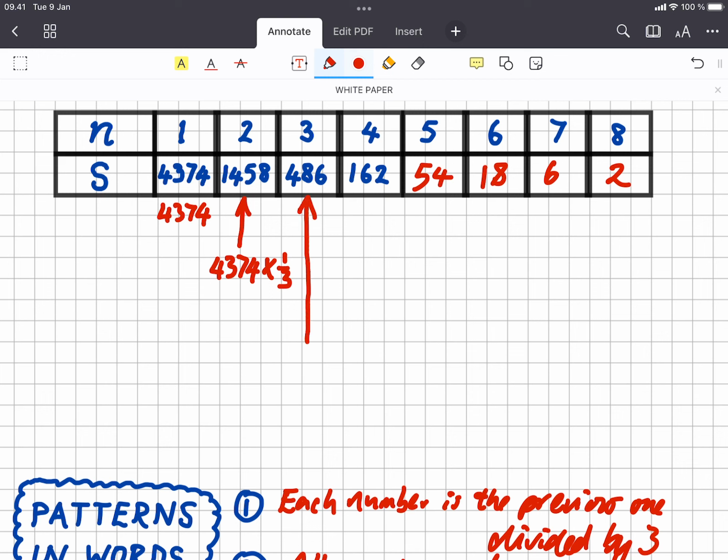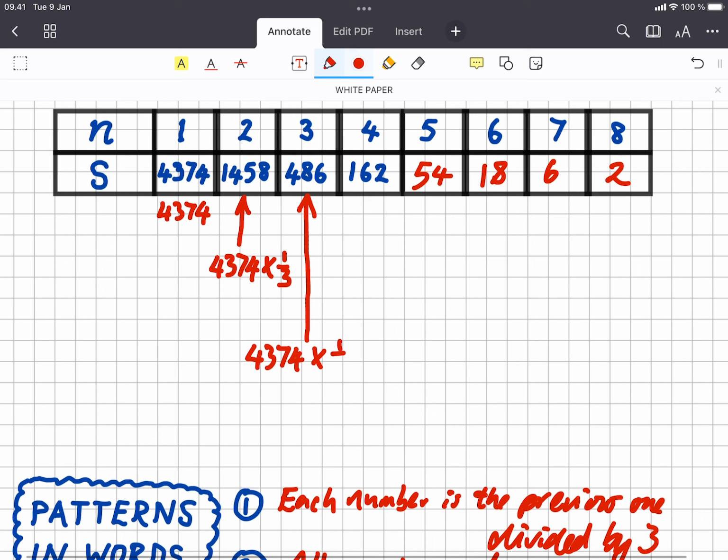The next term is the previous term, 4,374 times a third times another third, so times a third squared. The next term is that times another third, so it's 4,374 times a third cubed.